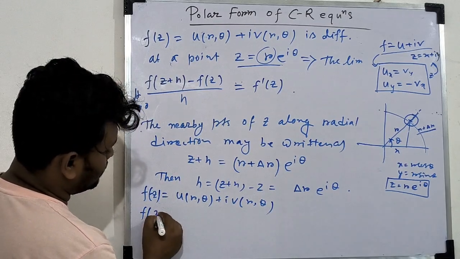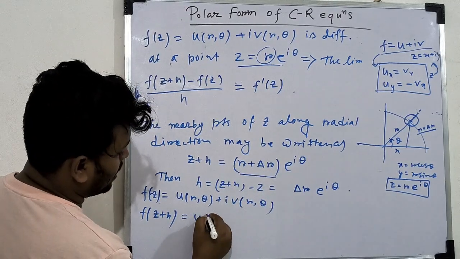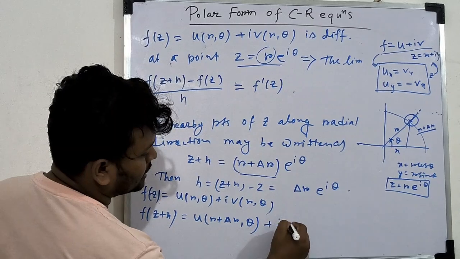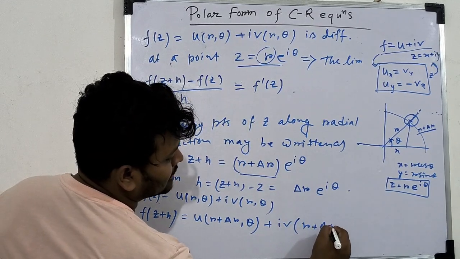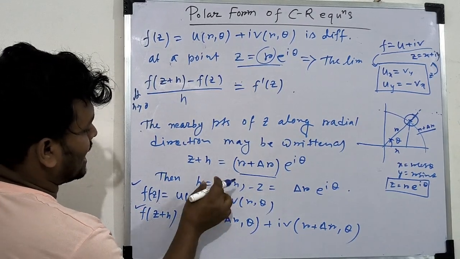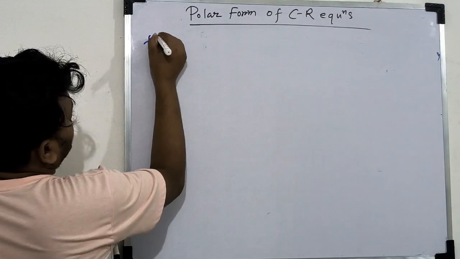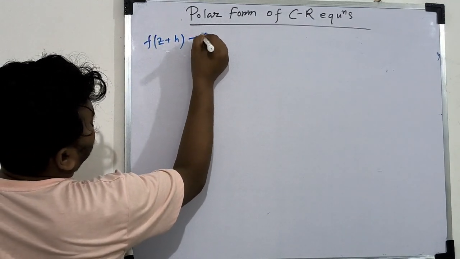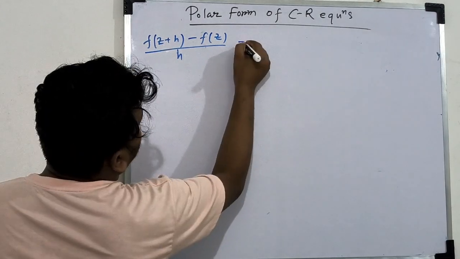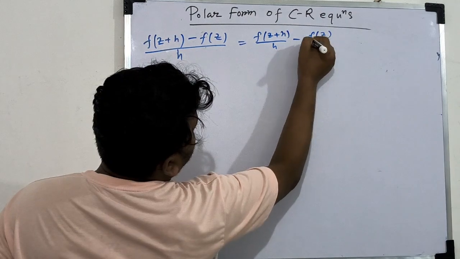So now f(z + h), so r will be r + Δr, therefore u(r + Δr, θ) + i v(r + Δr, θ). So now we put this f(z + h) and h in this equation. So f(z + h) - f(z) divided by h can be written as f(z + h)/h - f(z)/h.